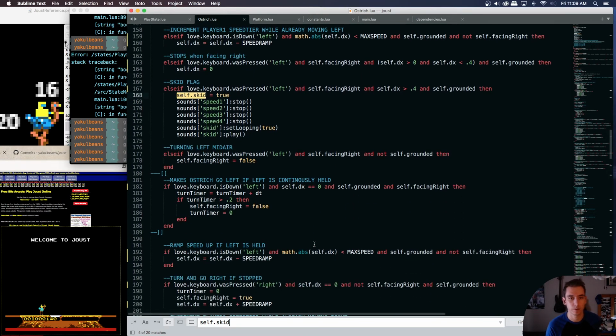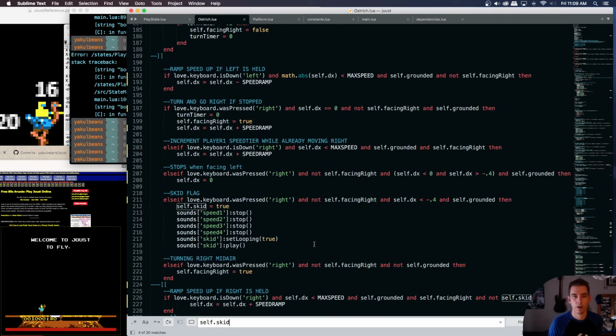Same with this one: if it's moving left and we're grounded and right was pressed.